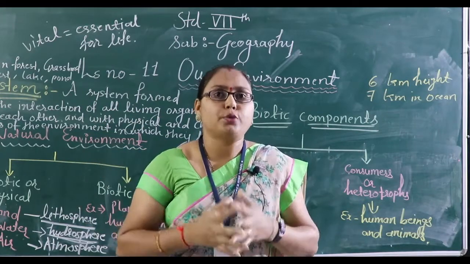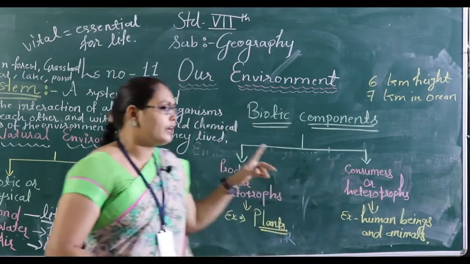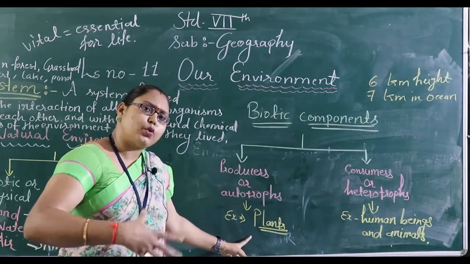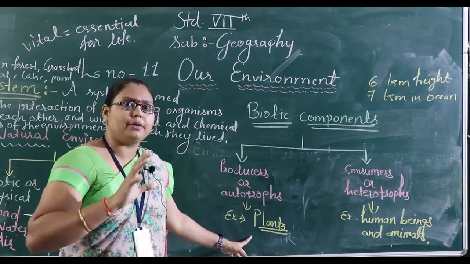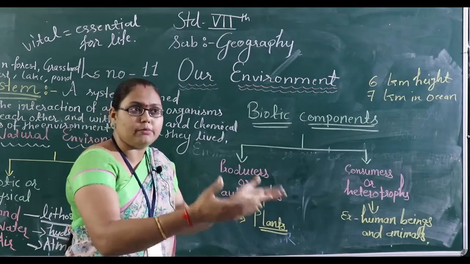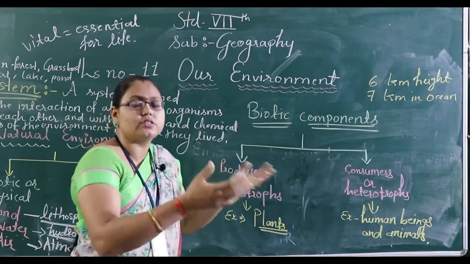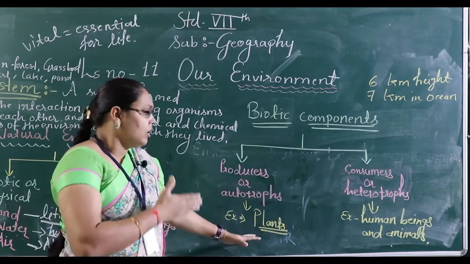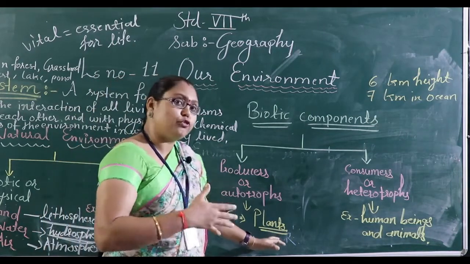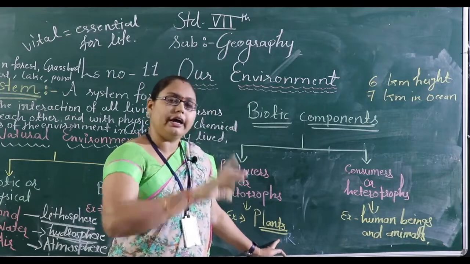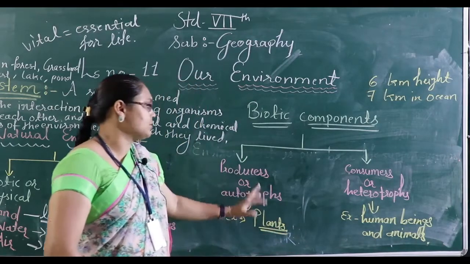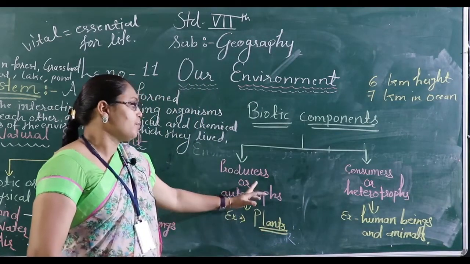For example, plants produce their own food from the environment. Plants do not depend on animals or other things. So plants are included in producers.